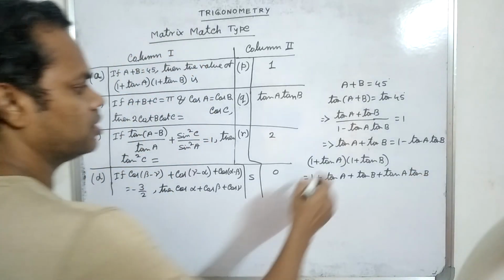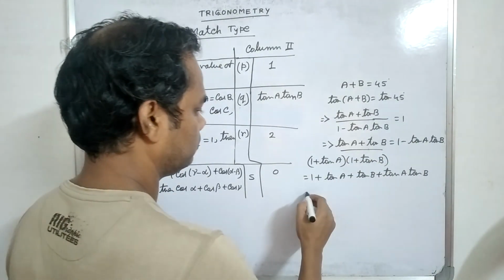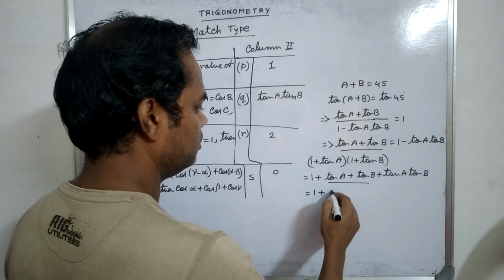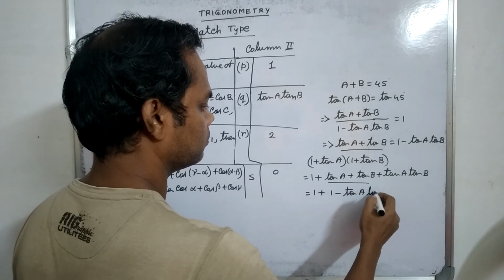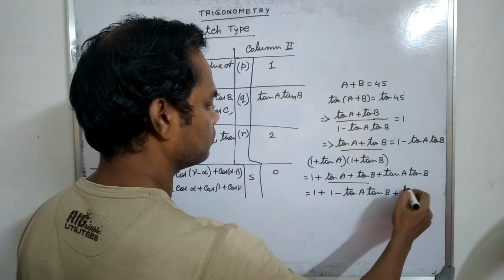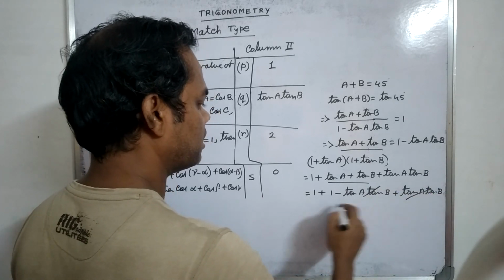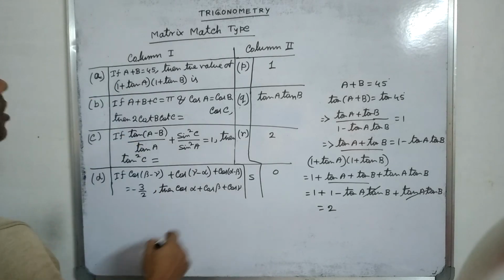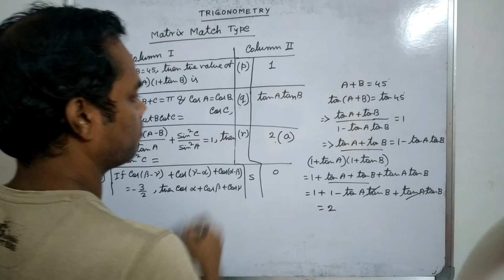So you see that tan a plus tan b is equal to 1 minus tan a tan b. These two cancel each other. This answer is 2. So option A is 2.